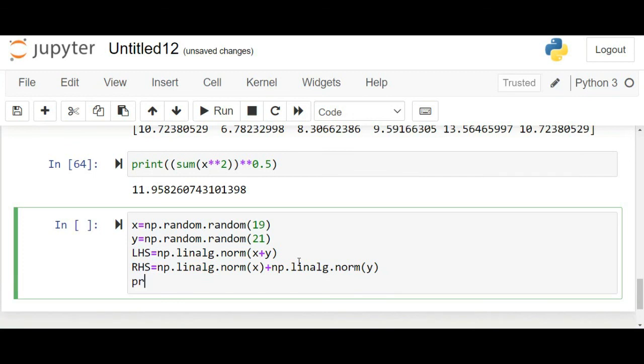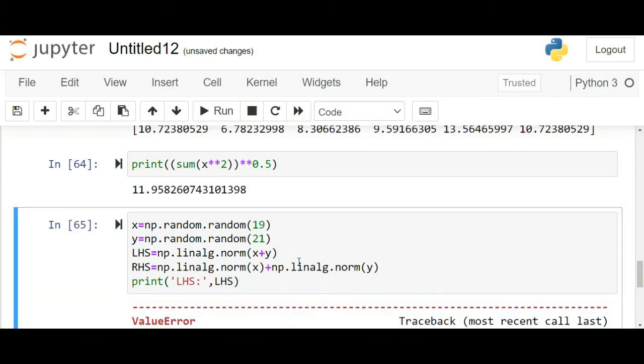Okay, and then we shall write print, and inside the parenthesis, in single quotation marks, left hand side colon, comma, left hand side.